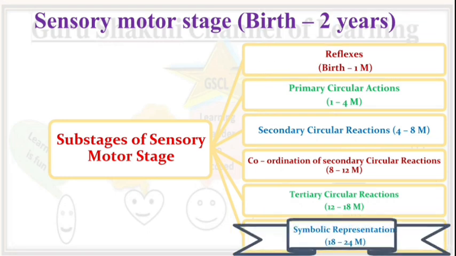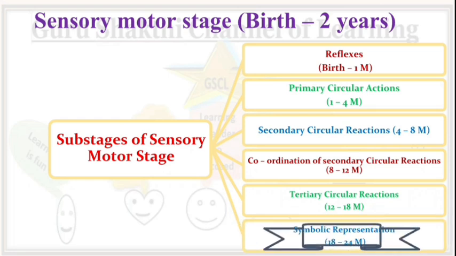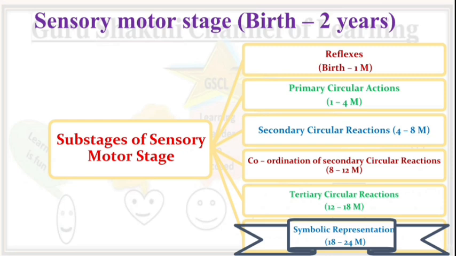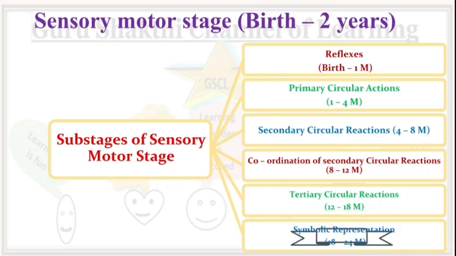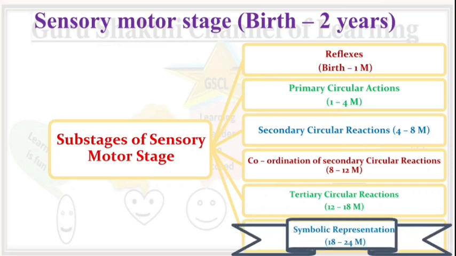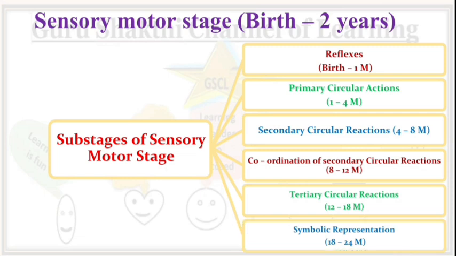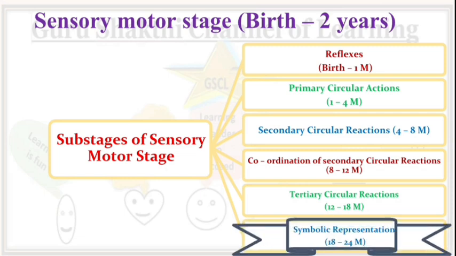By the end of sixth stage, the infant is able to mentally represent the objects. They develop to mentally correlate objects, action, and consequences. Then they decide their course of action.